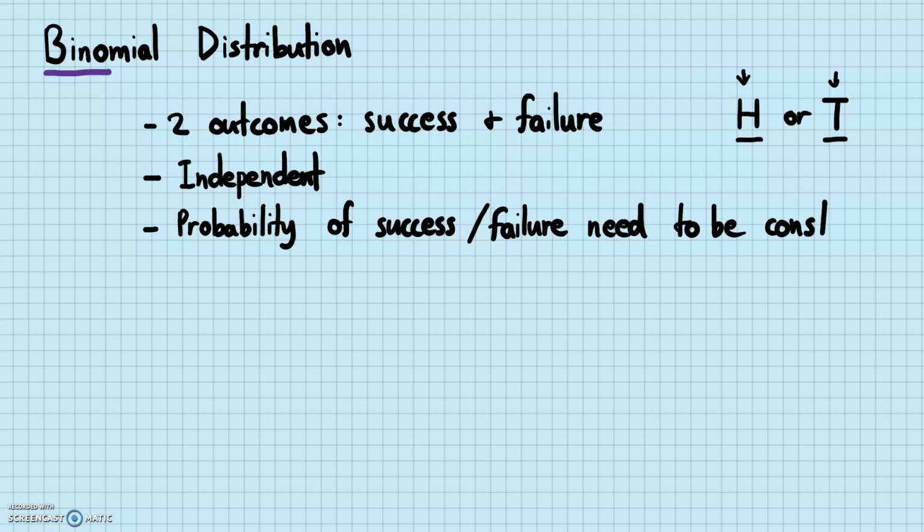Because there are only two outcomes, if you know the probability of one, let's say the probability of success is 0.6, then you know the probability of failure is 1 minus that, 0.4. Another way of saying that is the probability of success plus the probability of failure has to equal 1. So if the probability of success is 0.5, failure has to be 0.5. This would be the case of flipping a fair coin.